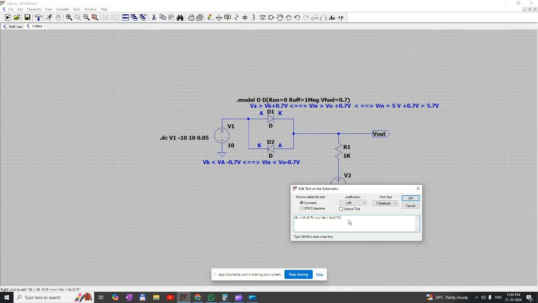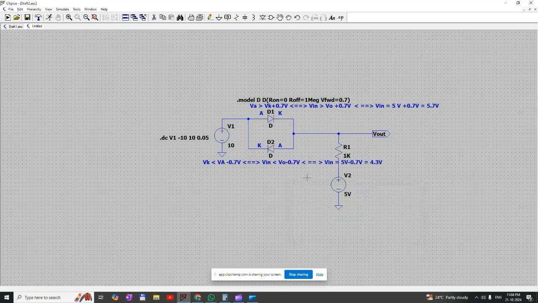Similarly, for V in, 5 volt minus 0.7, then what will happen? 4.3 volt. And at the same time for D2, V in should be less than 0.3 volt.